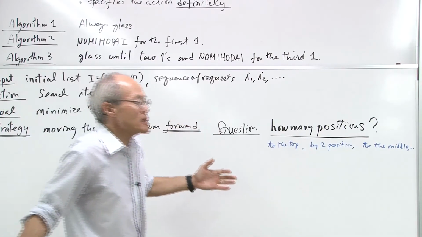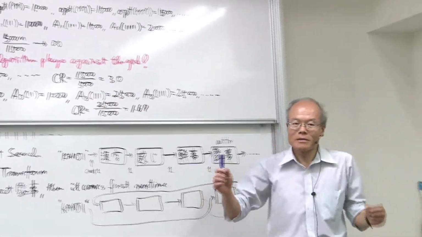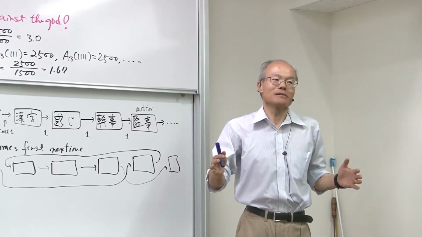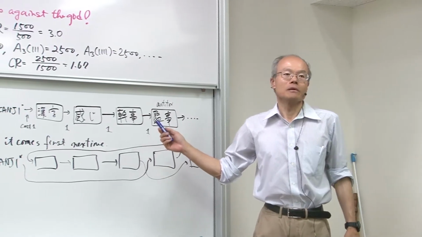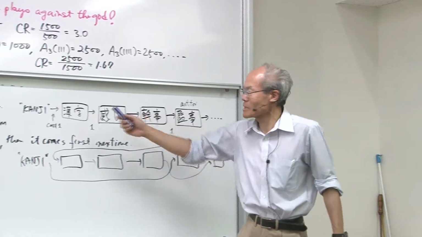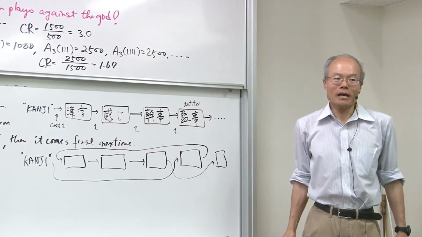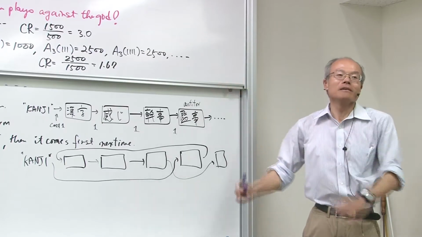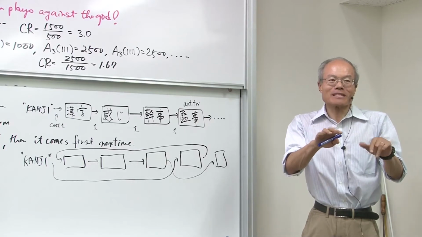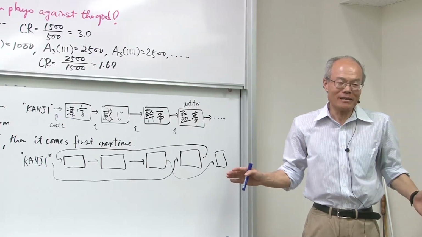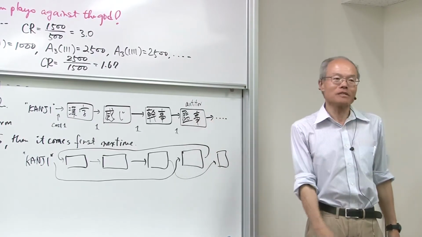That means if you move this guy to the top, you may never access this guy in the future. Actually, in practice, when you are making a document, if you use this item, then the next time you may use the same thing again.